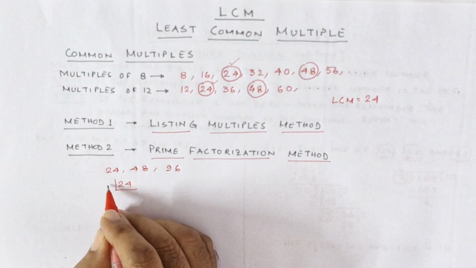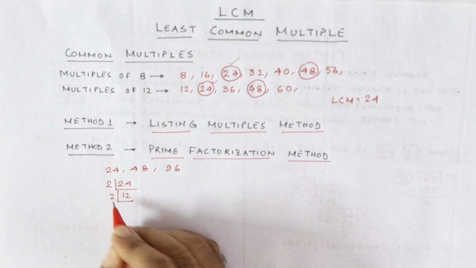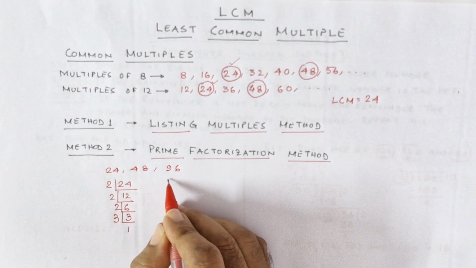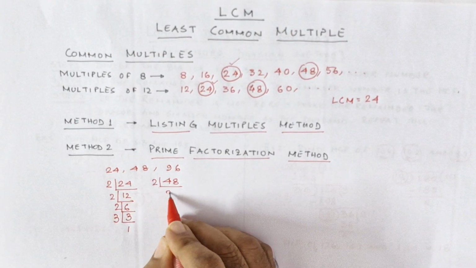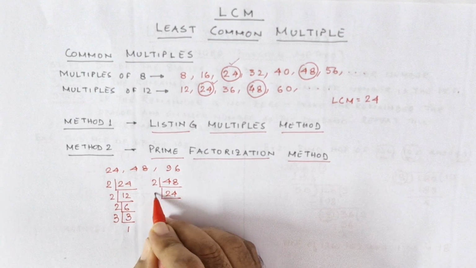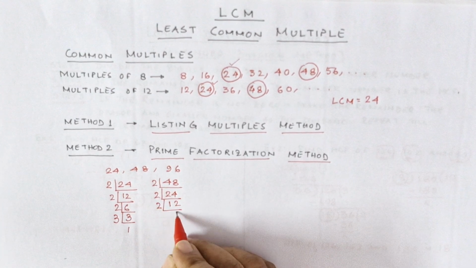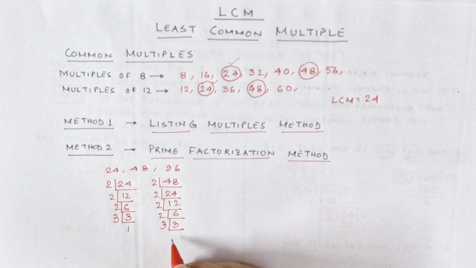So for 24 it will be 2, 2 12s are 24, 2 6s are 12, 2 3s are 6, and 3 1s are 3. So for 48, in a very similar way, we'll start with 2. So 2 24s are 48, 2 12s are 24, 2 6s are 12, 2 3s are 6, and 3 1s are 3.